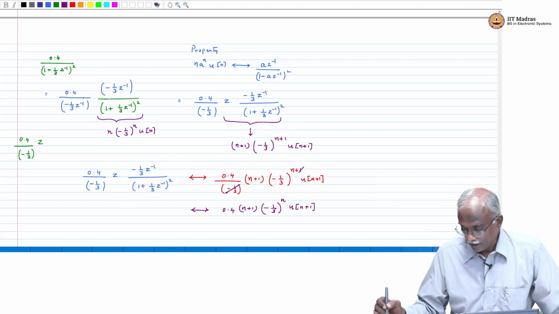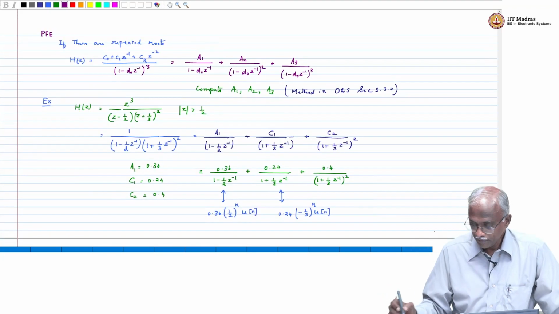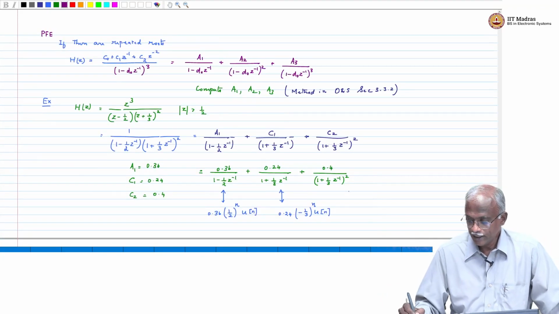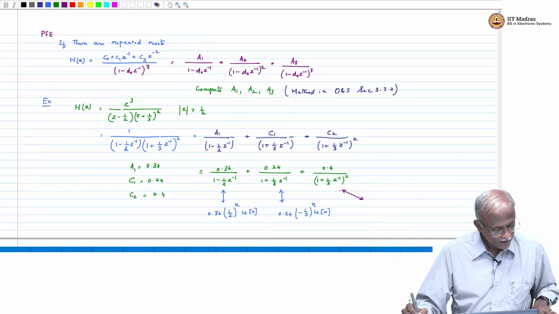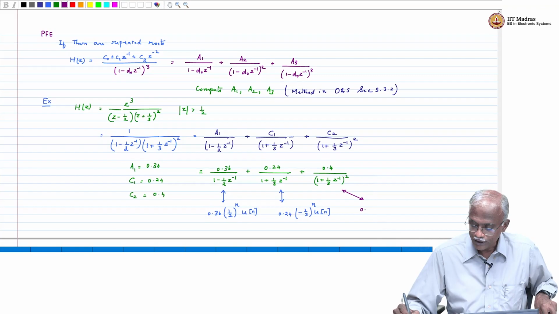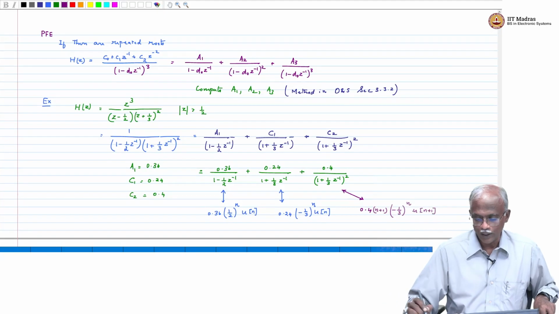If you're comfortable with that, we can go back here and write down that this term represents the following time domain sequence: 0.4 times n plus 1 times minus 1 by 3 raised to the power n u of n plus 1.